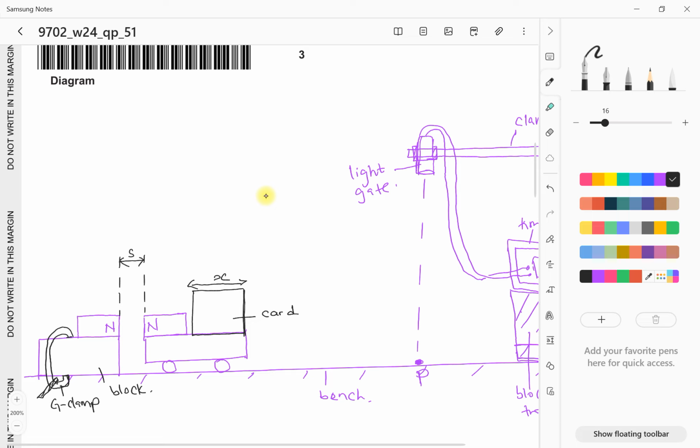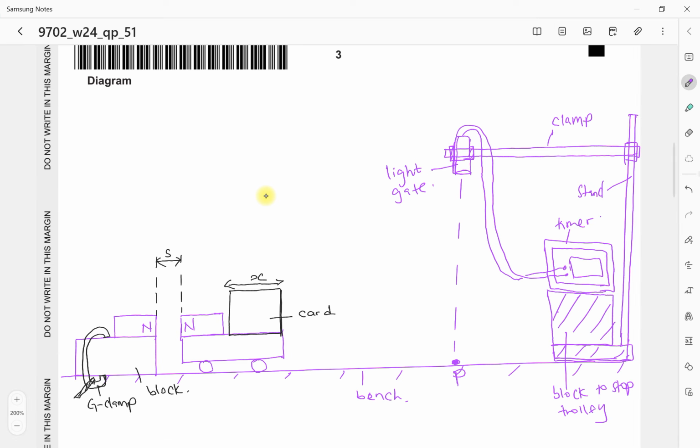Then the distance, this one was called D. Then the length, which length am I remaining with?